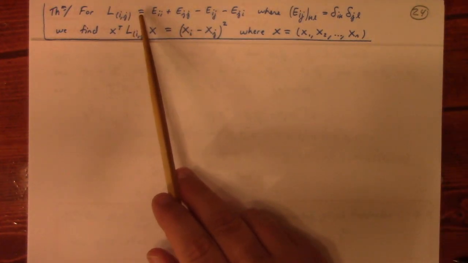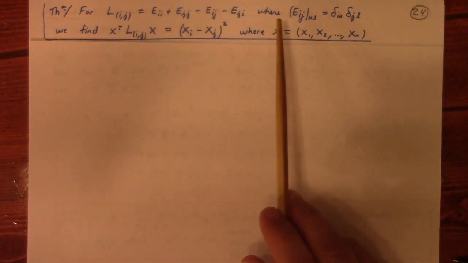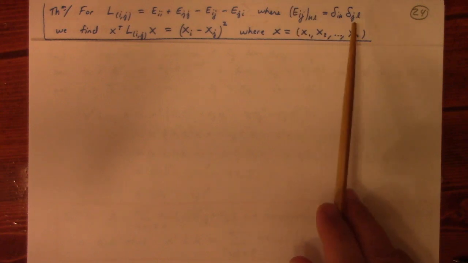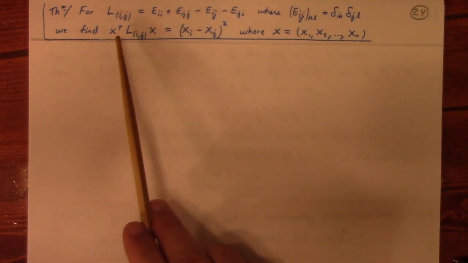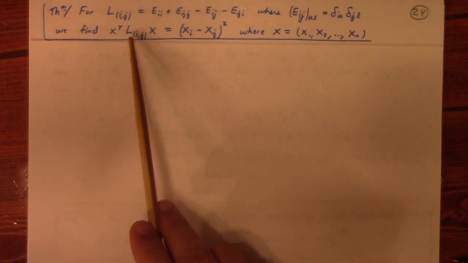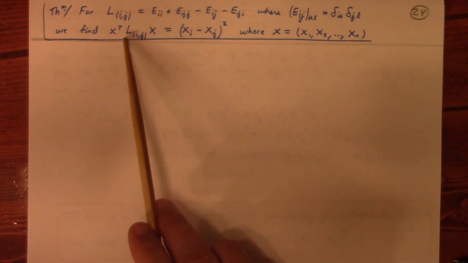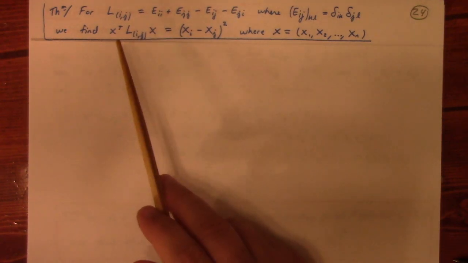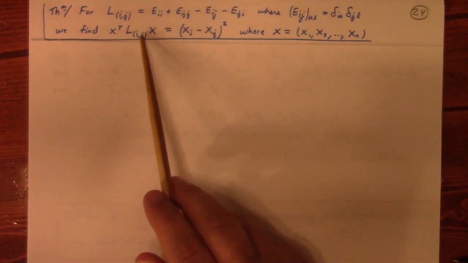Let's see here. For Lij, just as we defined, where this is the usual matrix unit, we can prove that if we sandwich this, let's call this the edge matrix, the ij edge matrix, it's really the graph Laplacian for just an edge.